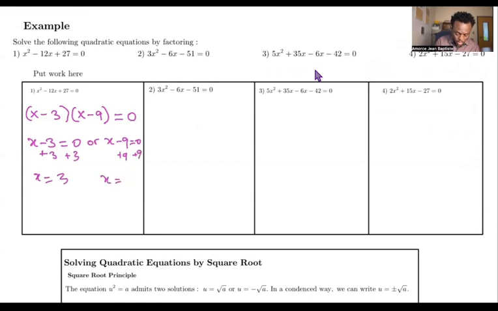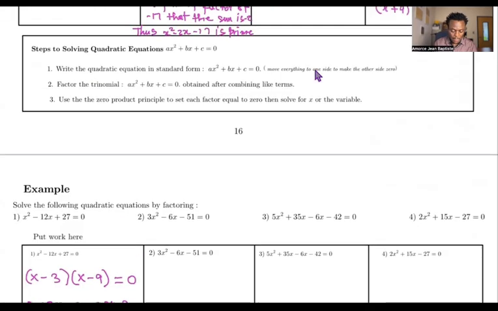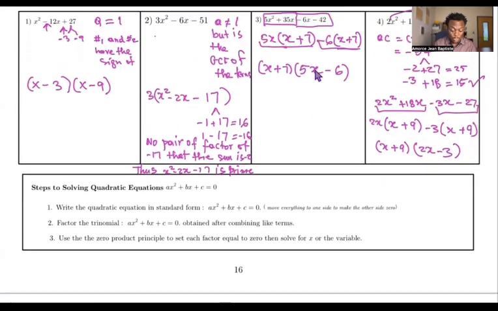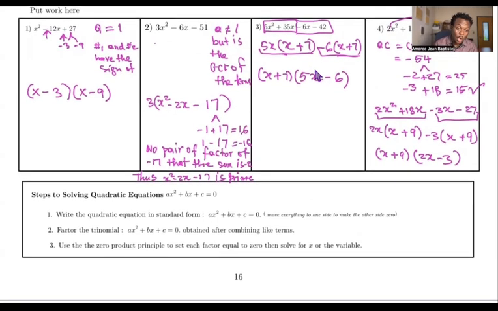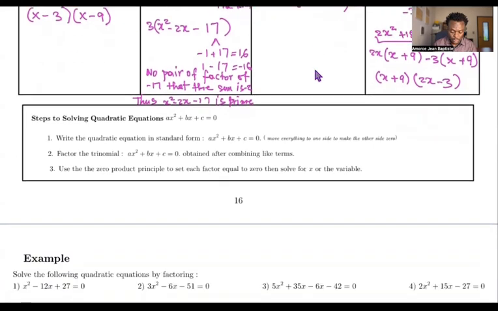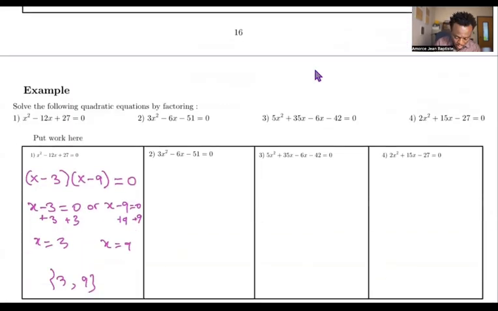And your solution set is 3, 9. The next one, we remember that we could not factor it here, right? So because we cannot factor, then we cannot solve by factoring. It cannot be solved by factoring.